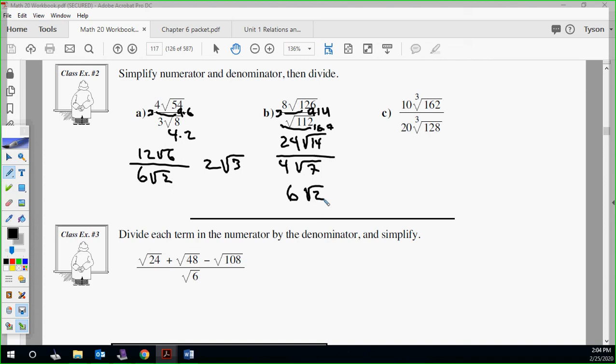Okay, cube roots, again, those are a little more difficult ones to remember. 162 is 27 times 4. Oh, sorry, 6. Oh, yeah, 162, not 1, sorry. Times 6. Okay, and then the 27 comes out as a 3, so then we're looking at 30 cube root 6.